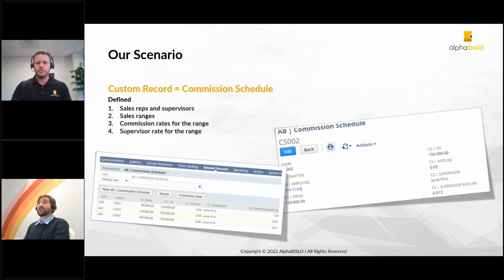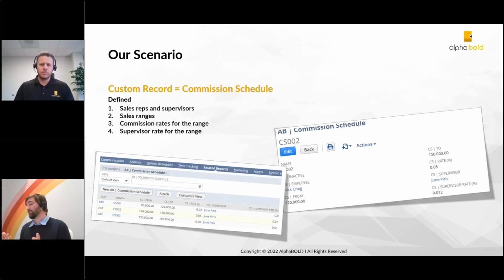So moving on, let's talk about our scenario. Now we're in NetSuite and we're trying to figure out how to create that commission schedule. One of our solutions is to create a custom record in NetSuite called commission schedule, and define on that record the name of the employee, our sales rep, set the name of the sales rep supervisor, their boss, and put in the commission rate for that sales rep.